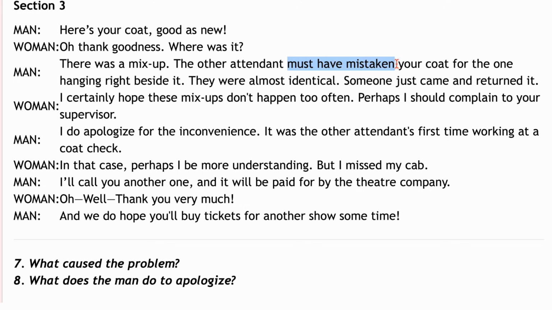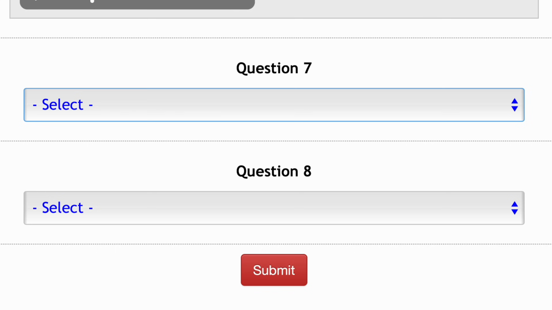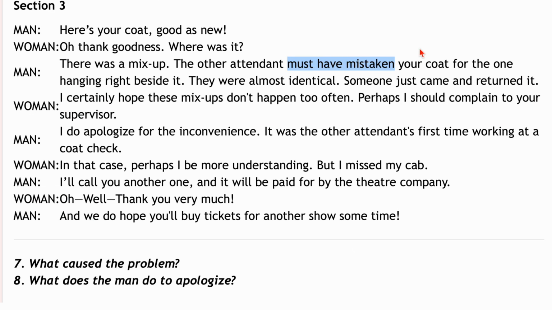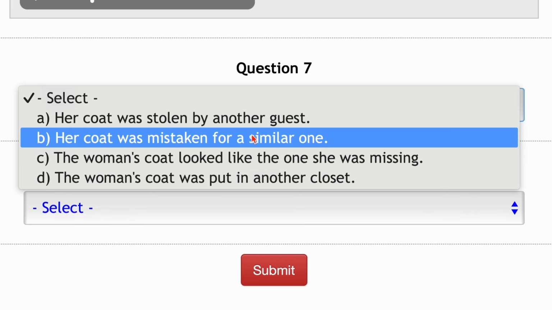So maybe the other attendant gave the coat to someone else. Okay. And then that person came to return it. So that would be B. It did look like the one she was missing, but that was not the problem.